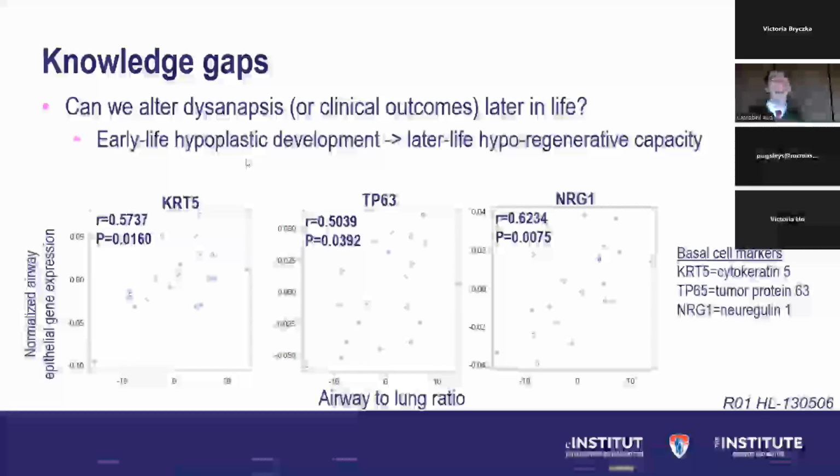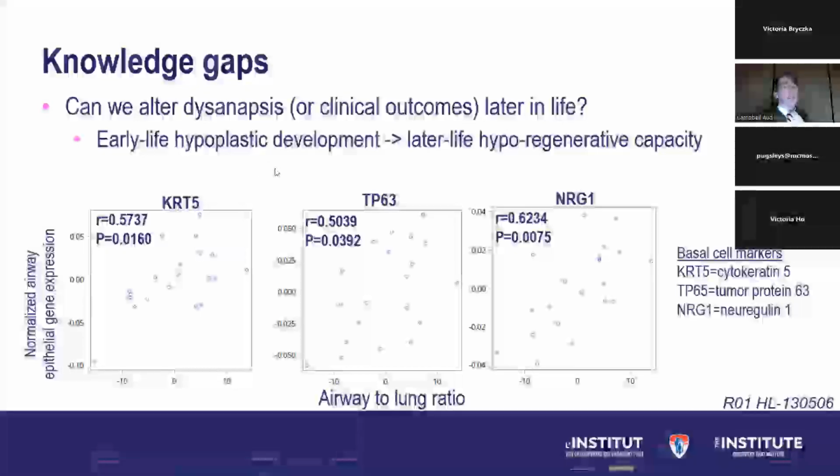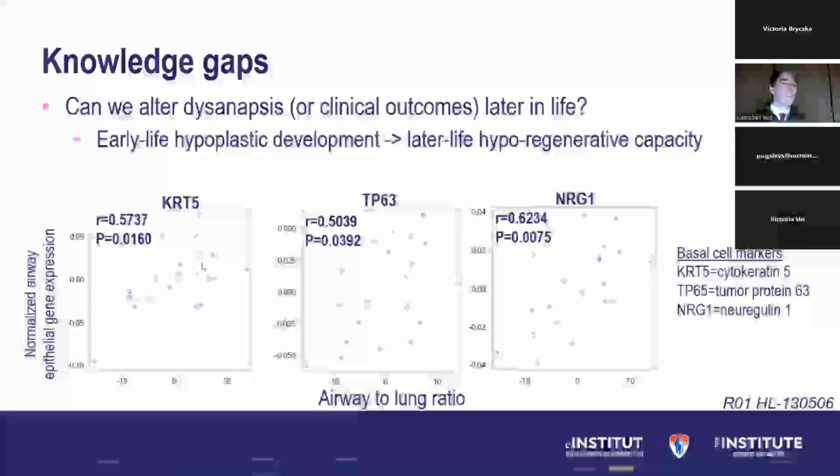But more biologically, in this study, this is pilot data. I shouldn't say it's unpublished, but we took airway brushings from non-smokers who had this dysanapsis trait assessed by CT, and we measured bulk gene expression from the airway epithelium. It turned out that these markers, classical markers of airway basal progenitor cells, the stem cells of the airway tree that are responsible for maintenance, homeostasis, and repair, correlated with airway to lung ratio.